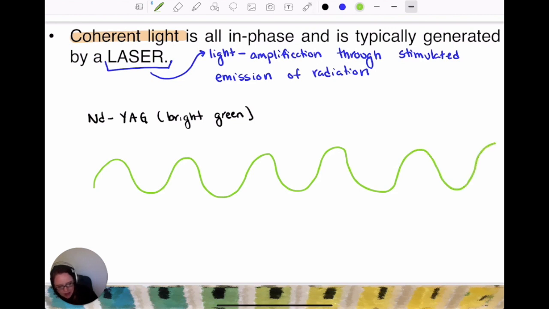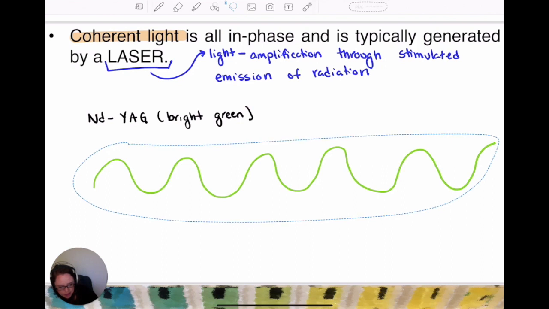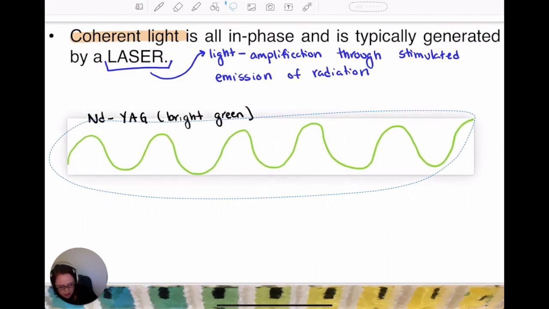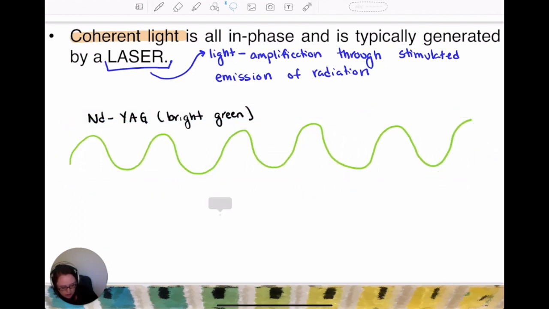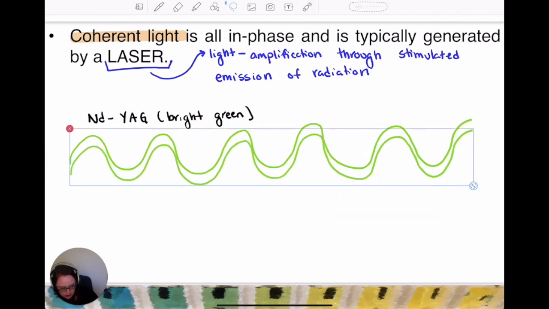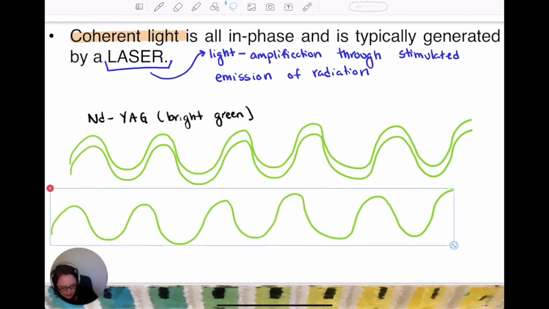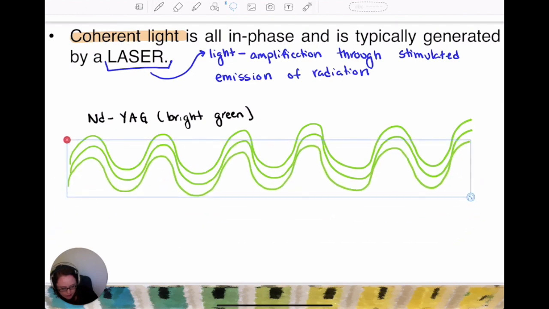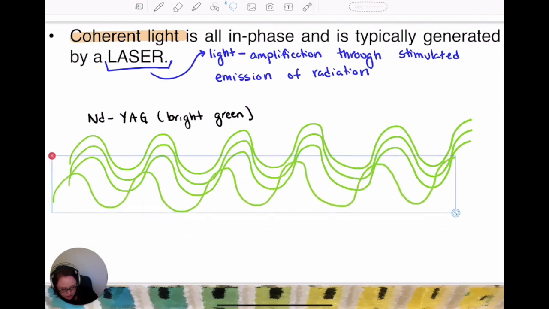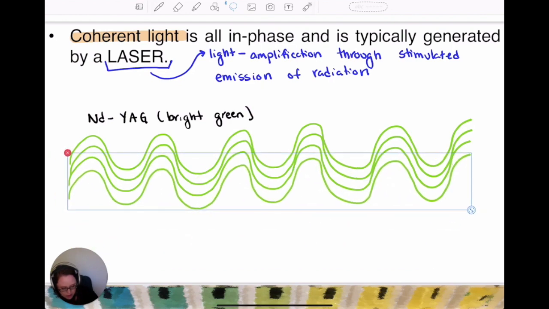Then we'll have many, many copies of the same wave, and these are all going to be in phase. They're all going to line up perfectly together, so all of our peaks are lining up, all of our troughs line up, all of the individual wave periods.